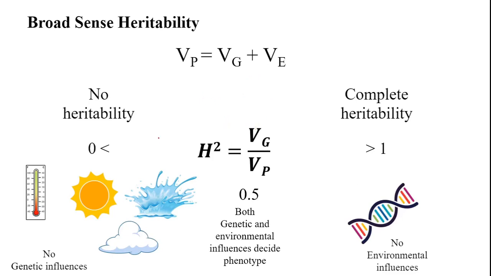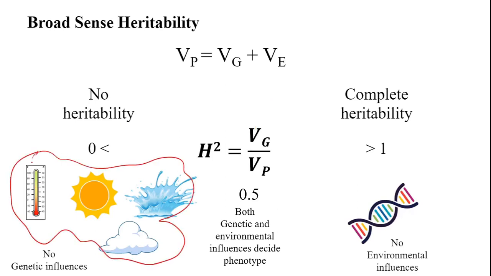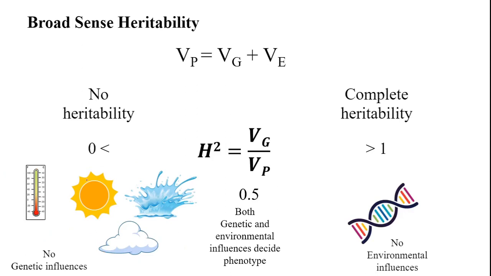If the capital H square value is near 0, the environmental effect is more and there is no genetic influence. Whatever temperature, sunlight, humidity, and other factors are there mainly influence the particular phenotype, and no genetic influence is calculated.